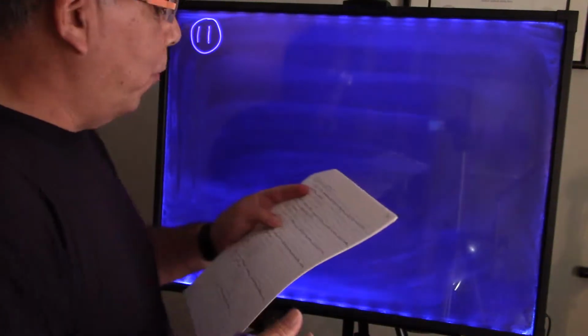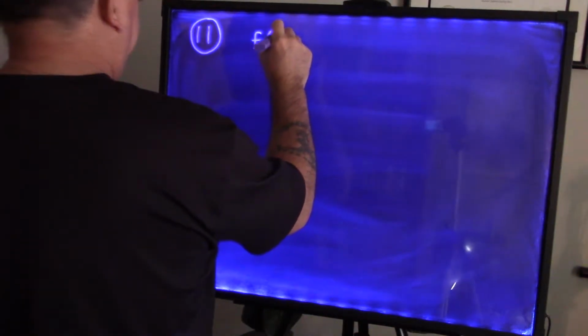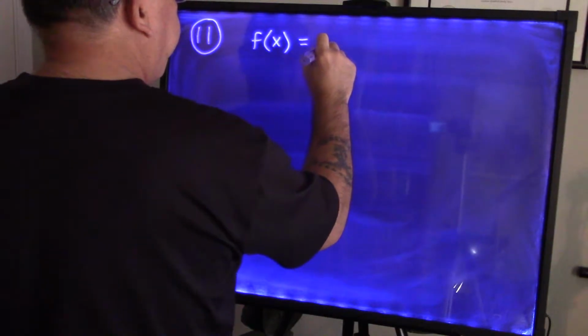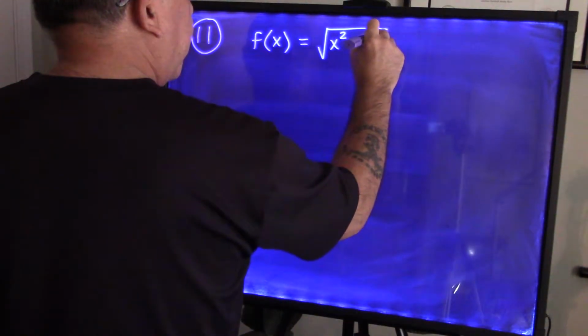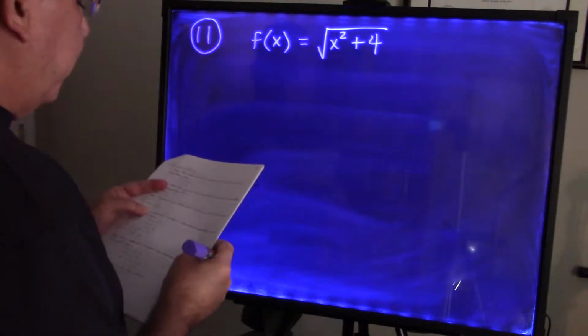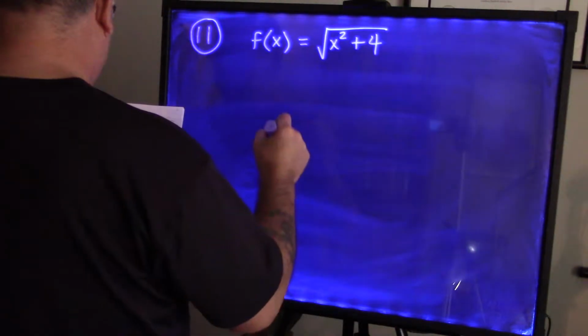Okay, number 11. We have f of x is square root of x squared plus 4. So the radicand of a square root cannot be negative or less than 0.